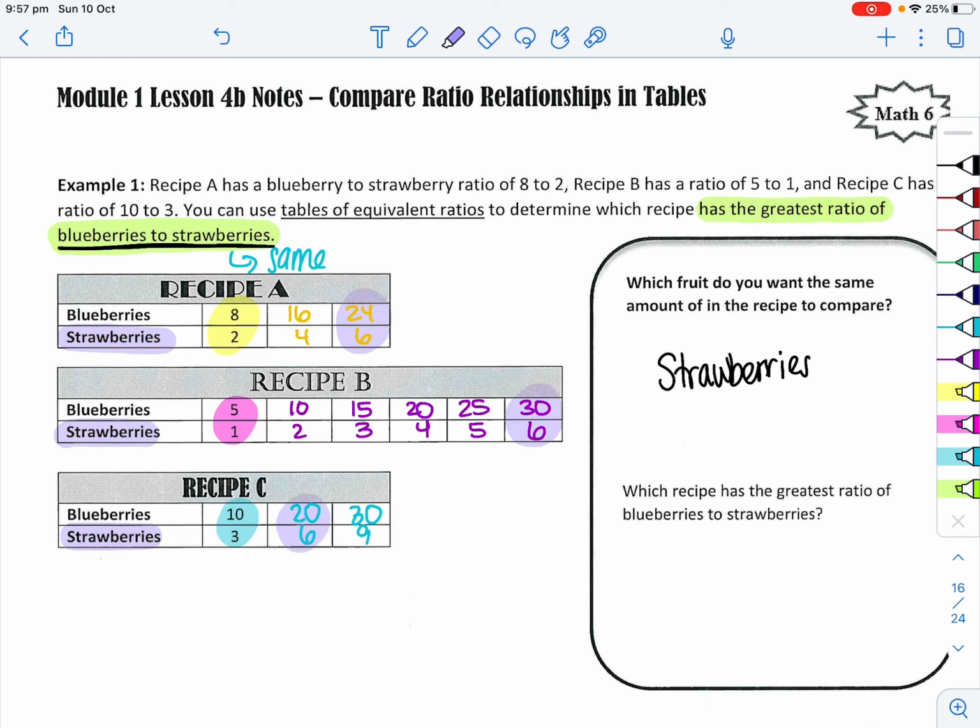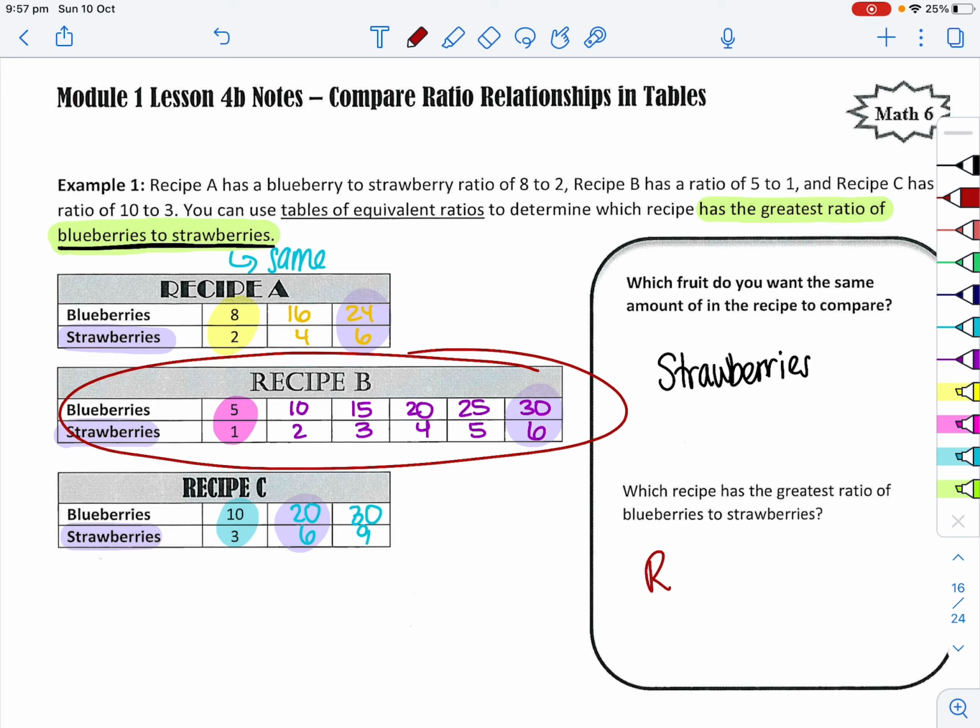And then here it's in the middle, 20 and 6. So if my strawberries are the same, so I have 6 cups of strawberries in each of these recipes, which one gives me the most blueberries? It's going to be recipe B, because 30 is the most blueberries. So if I have the same amount of strawberries, who gives me the most blueberries? Recipe B.